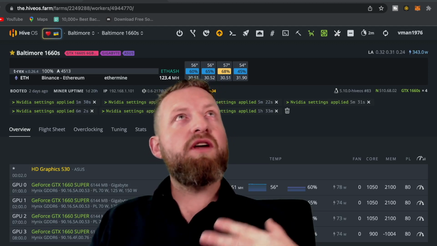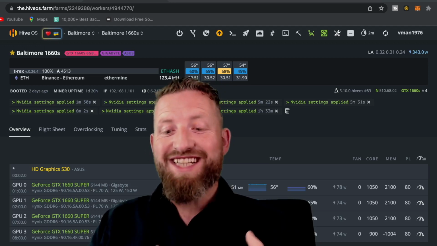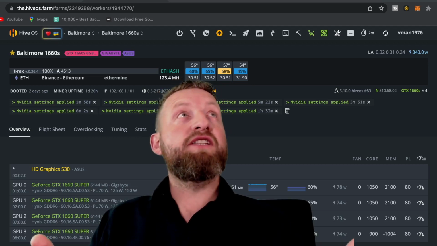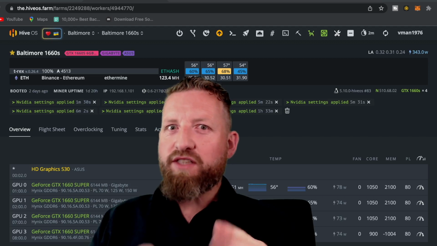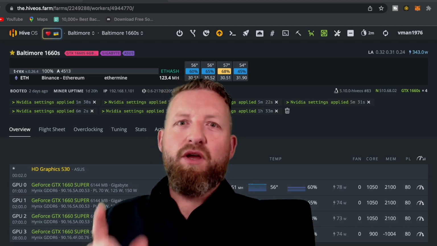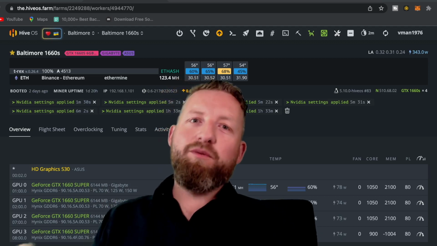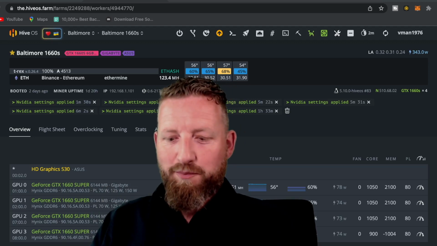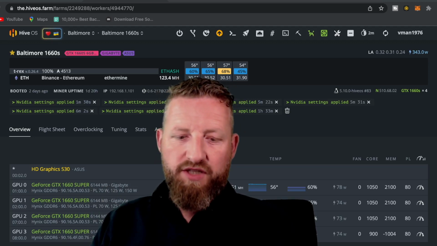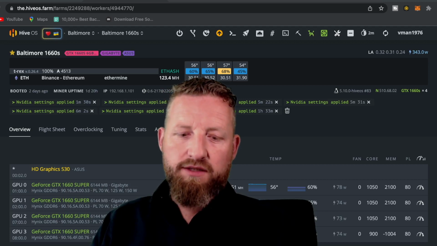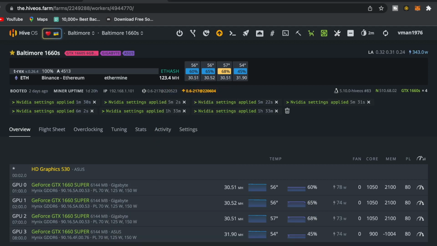So we've still got a very similar, only a slight difference in kilohash per watt and an increase in megahash per second. So that's not bad at all. Now, there is another setting to try, which I'm going to go and apply now, where we'll take that megahash up a little further, which is always exciting.